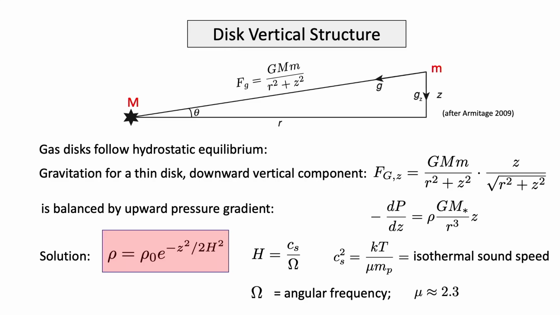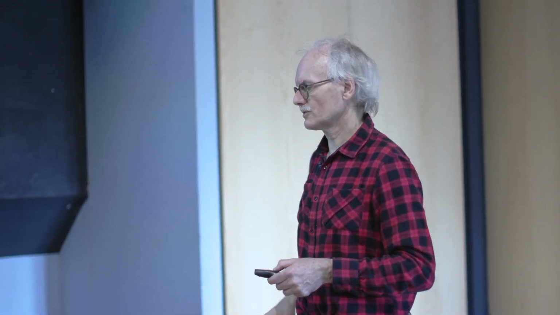H is this expression here. It has the thermal velocity, it has the sound speed, sorry. It has omega, the angular velocity. Cs squared is a function of temperature. So you see what you need is a temperature profile, you need omega, which is, like in Kepler's law, a function of the distance from the star. And you mix all of this.